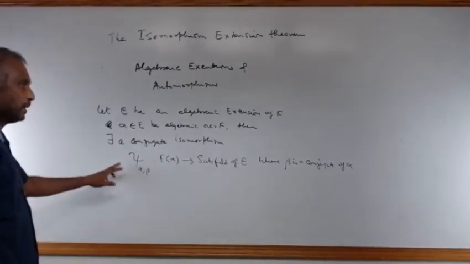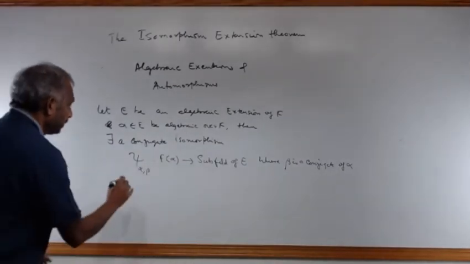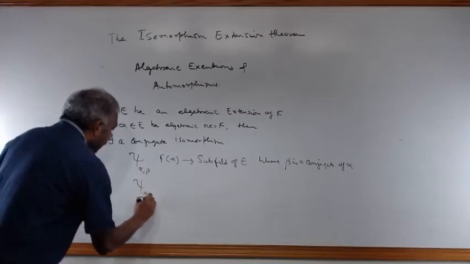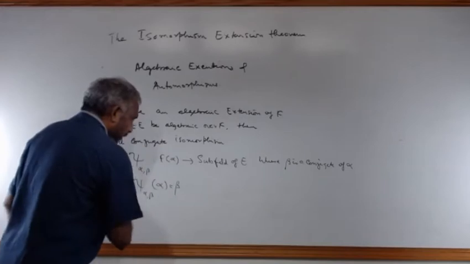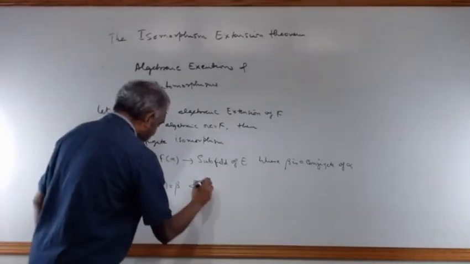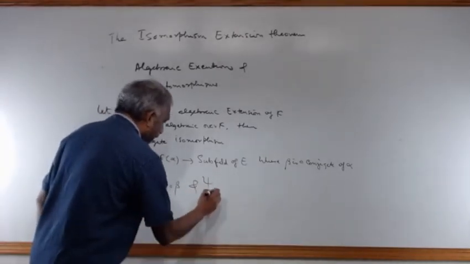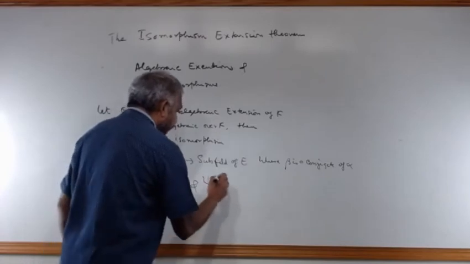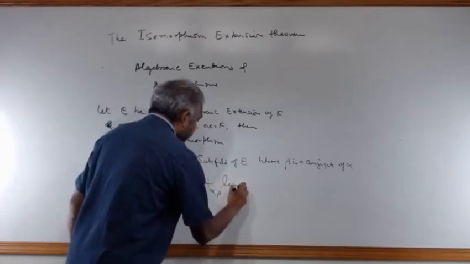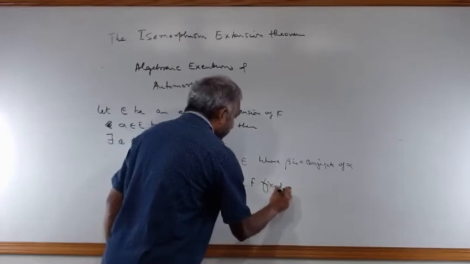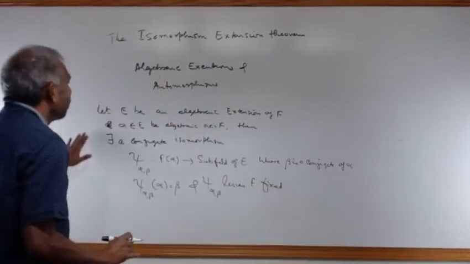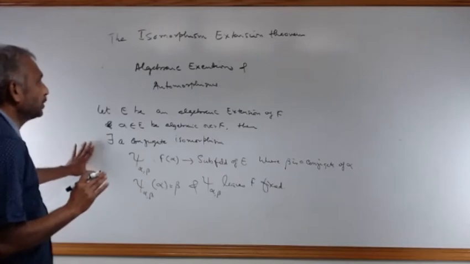We already established this one. And what are the properties of this? psi alpha,beta of alpha is equal to beta, and psi alpha,beta leaves F fixed. So we know about the existence of an isomorphism.